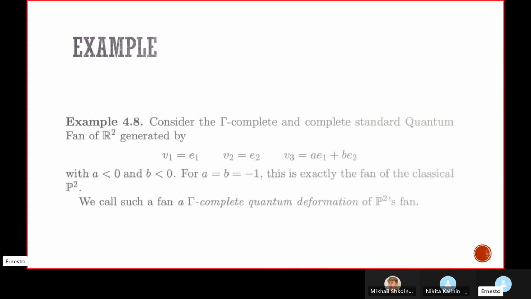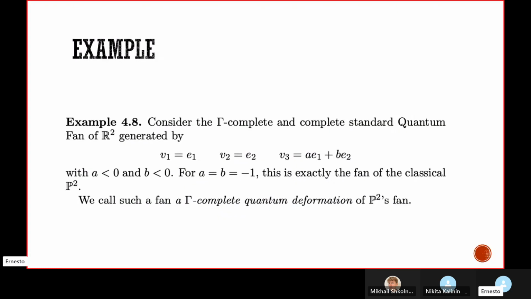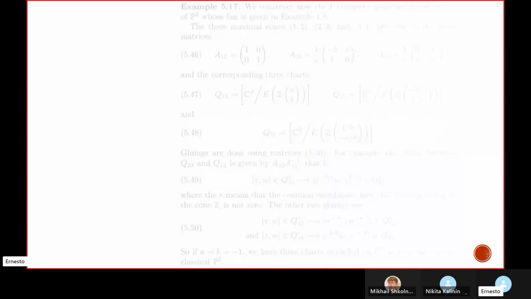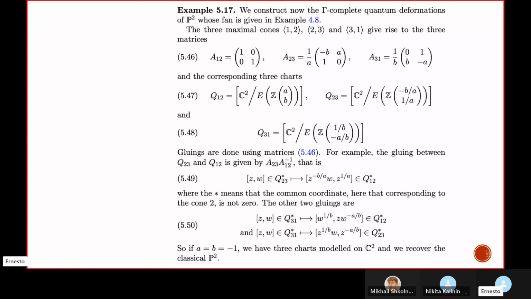Anyway, I had given some examples, and this is an example that I gave last time. This is the example of P2. In this case, I'm going to just take 1, 0, 0, 1, but then I'm going to take here minus VA. And these could be irrational numbers, that's the whole point.